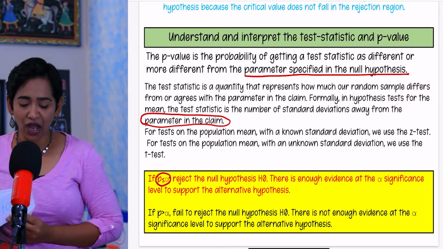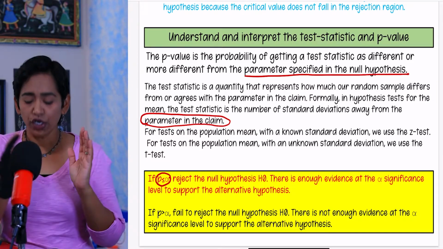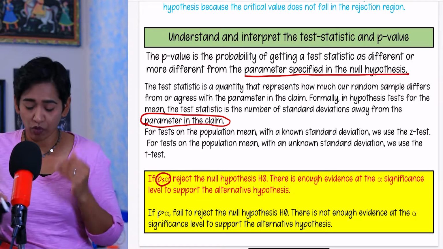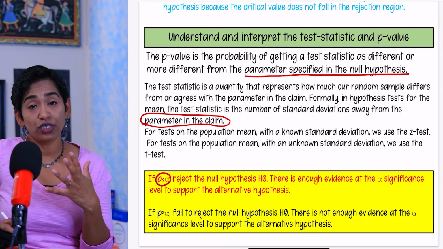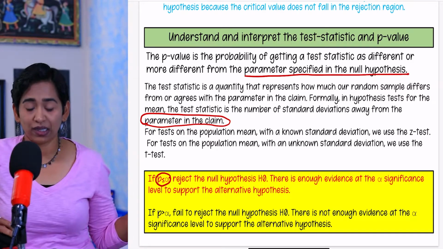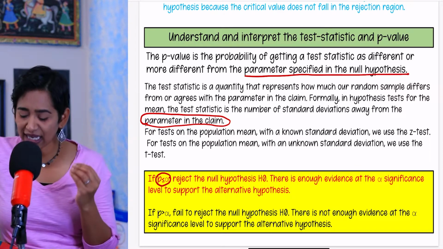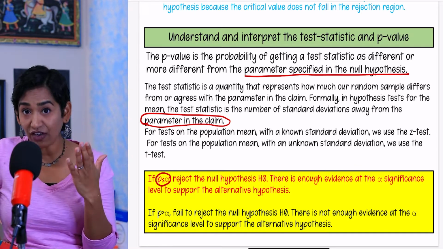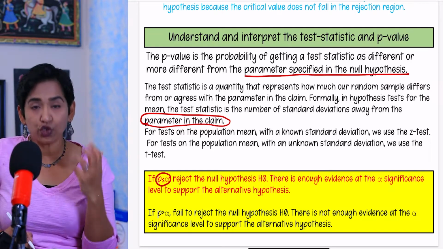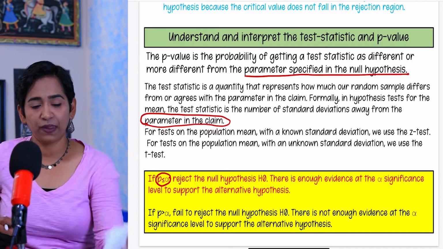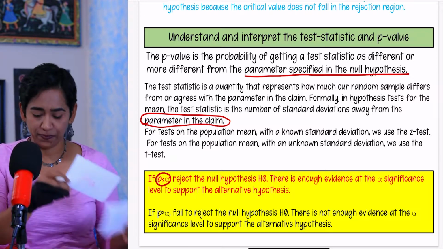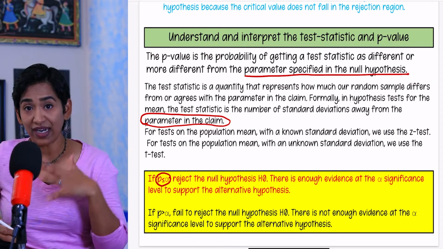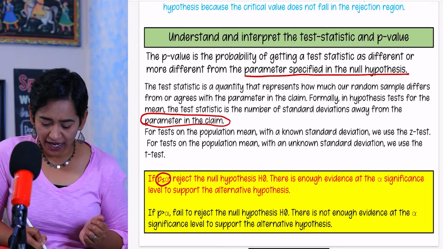Fair enough? All right. The terminology is very important. Again, the terminology is when p is less than or equal to alpha, you reject the null hypothesis. That means there is enough evidence at alpha significance to support my alternative. Keep in mind, I'm rejecting this, I'm supporting this. Okay? The next option is if p is greater than alpha.